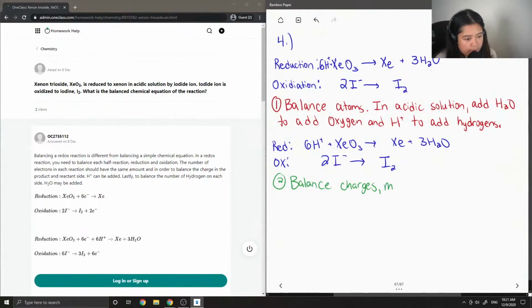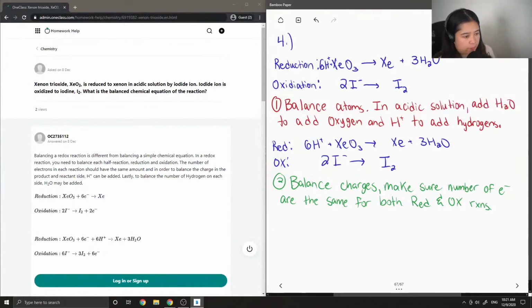And for this step, we also want to make sure that the number of electrons are the same for both the reduction and oxidation reactions.